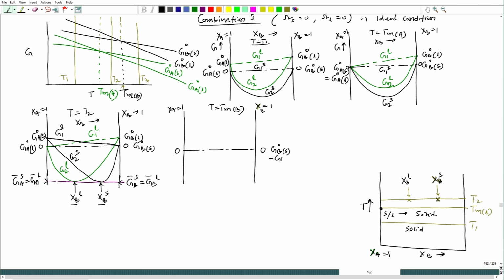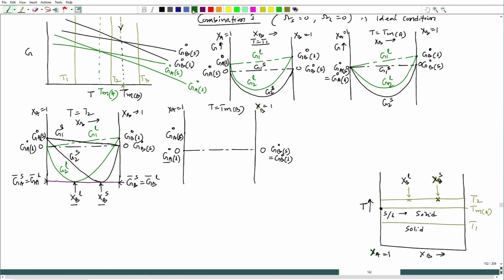At the same place I can take G B naught liquid, because the free energies of solid and liquid pure B have the same free energy at T equal to T M B. But here G A naught liquid will have lower free energy as compared to solid A. So, this can be taken as reference value 0, and then the solid A would be placed here, because at this temperature solid pure A has a higher free energy value compared to liquid pure A.